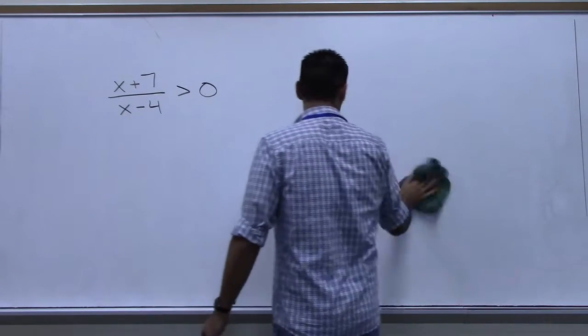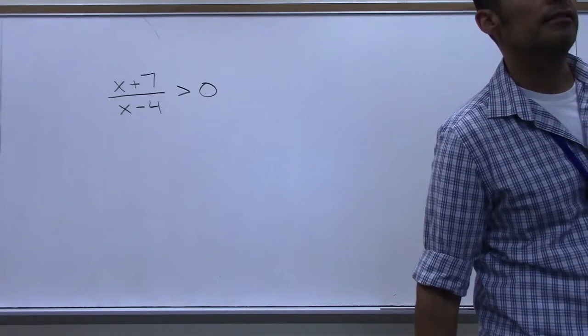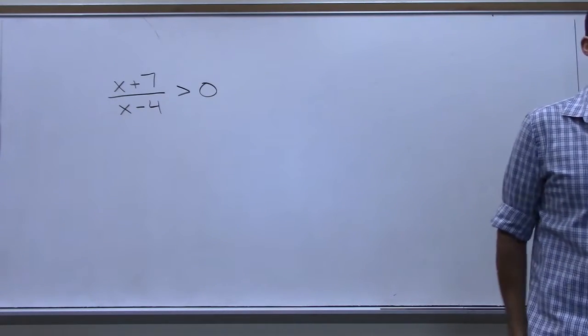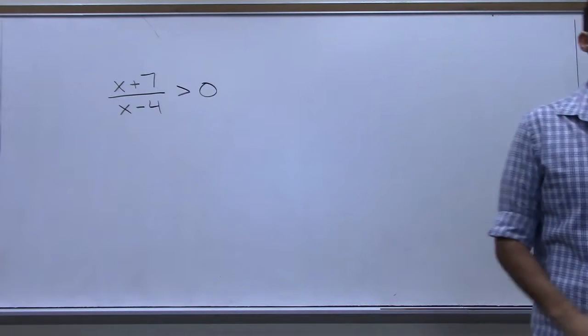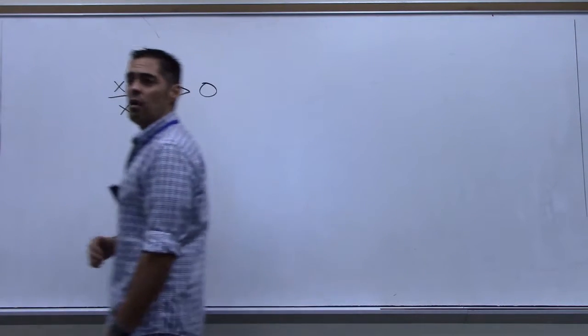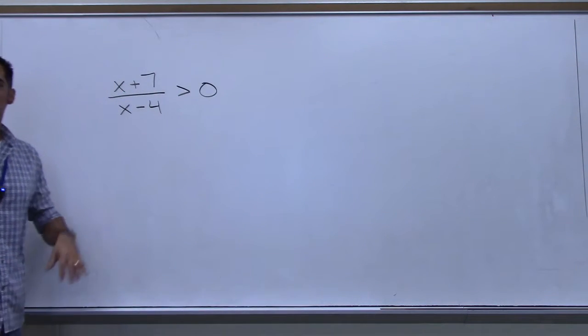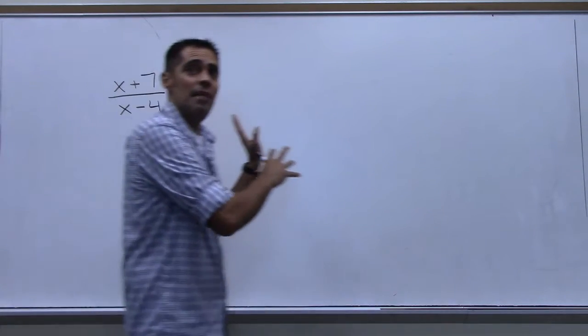But I do have a process for it, and it's in the notes, right here. Let's see if we can see why this is going to work. First, move all terms to one side of the inequality. So look at this problem. Have I moved all terms to one side of the inequality and got a 0 on the other side? Yes. That's just to make it look like that first.